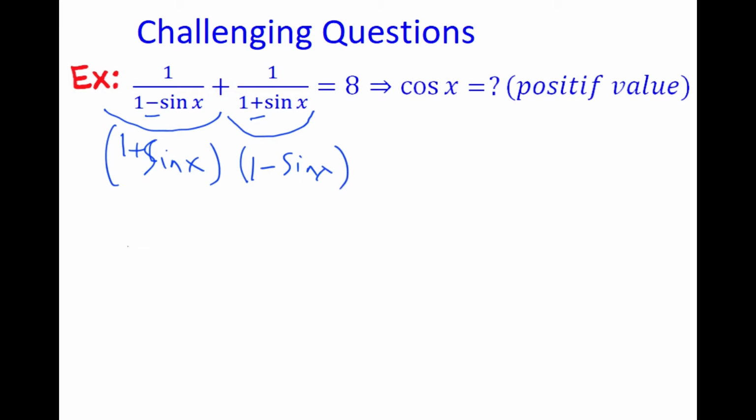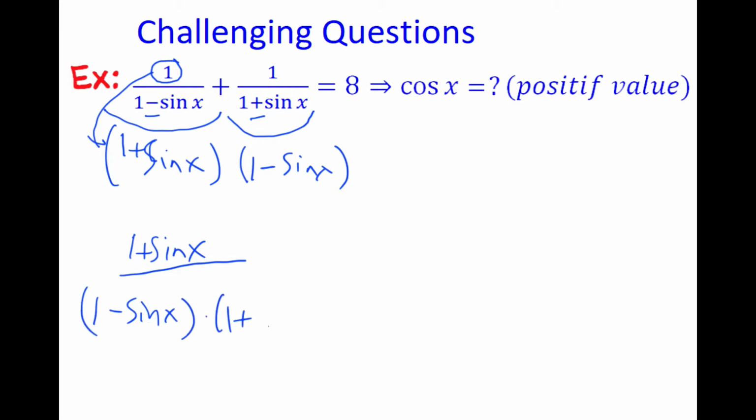Once we do it, the numerator is 1, so if you multiply this 1 by this value, we have 1 + sin x. So we have (1 + sin x) divided by (1 − sin x)(1 + sin x). Actually, I'm not going to write the second term; I will just add it here because we have a plus sign between those two fractions.